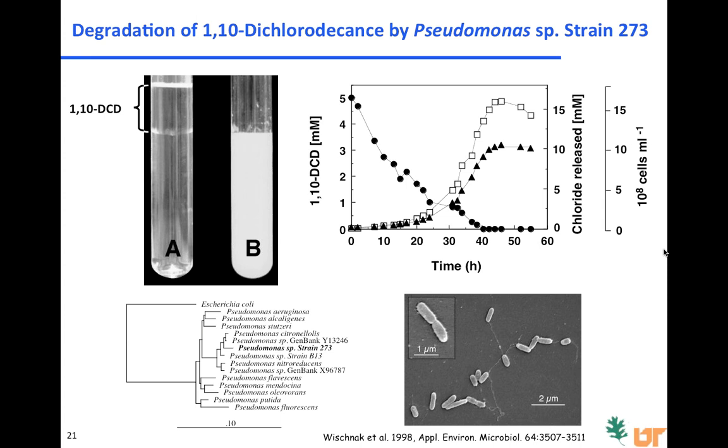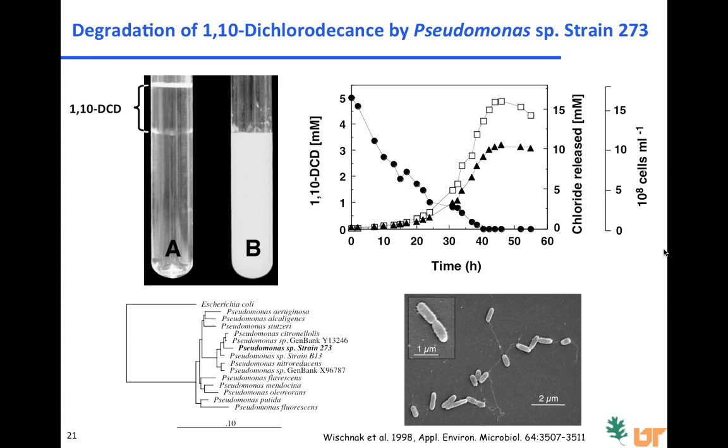The slide here shows an interesting organism that is growing with 1,10-dichlorodecane. Dichlorodecane is misspelled in the title, I apologize. So on the left-hand slide, you see a tube. The bottom part is the medium, and the upper layer is 1,10-dichlorodecane. It's basically not soluble in water.